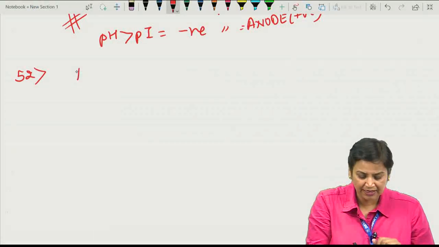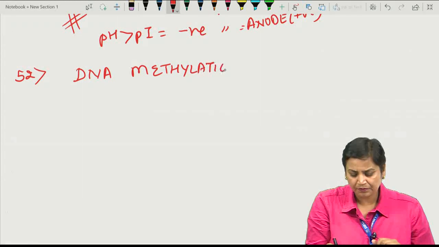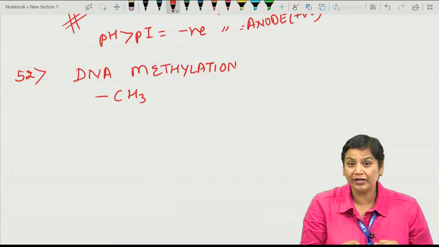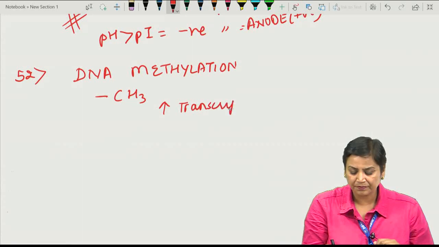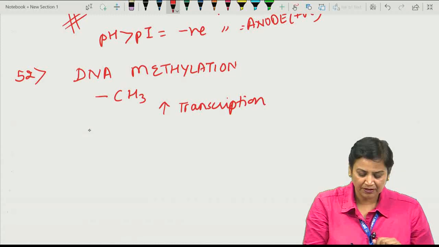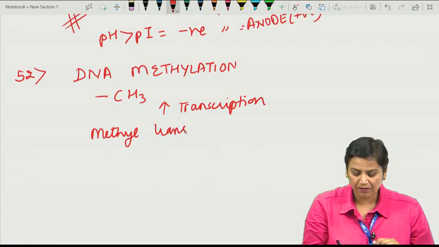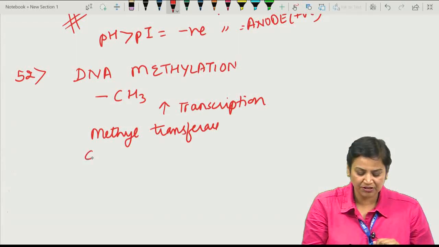DNA can undergo methylation, meaning attachment of a methyl group on DNA, so that it can alter the rate of transcription. This methylation is done in the presence of the methyltransferase enzyme. A very good example of DNA methylation is CpG islands.